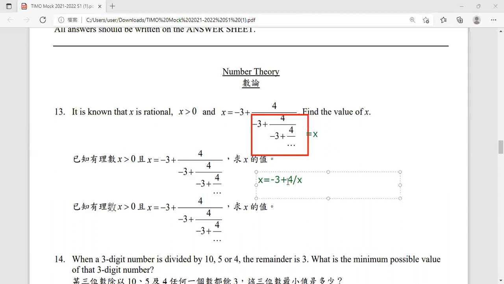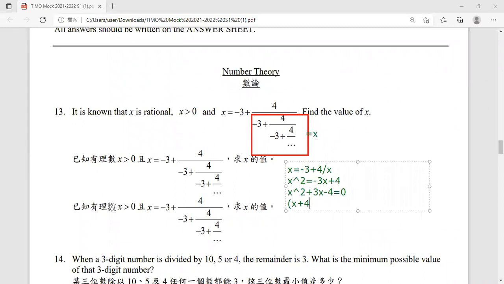Then you multiply the whole thing by x. X squared equal to -3x plus 4, and then x squared plus 3x minus 4 equal to 0. And you factorize it, you'll find x plus 4 and x minus 1 equals 0.